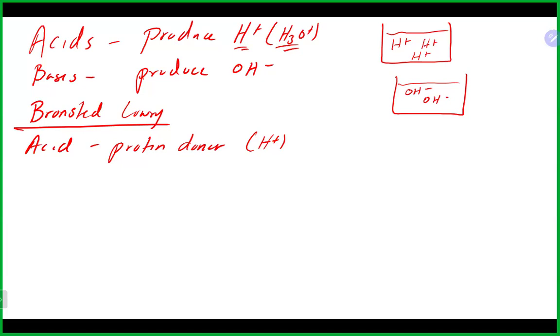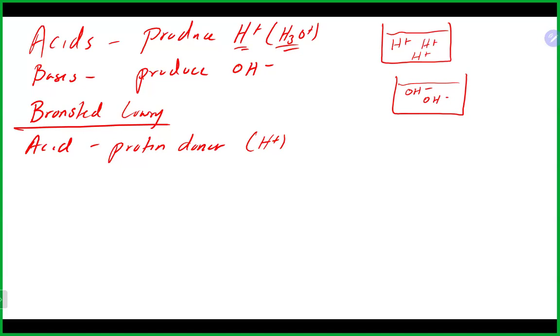So again, it's not just the hydrogen, but also that plus, which affects the actual charge on what is losing the H plus and what is gaining the H plus. Remember that if you lose an H plus, which is really a proton, you have more electrons than protons, so you become more negative. So if you're the acid in the Bronsted-Lowry definition, you're going to lose that hydrogen and the plus charge, which means you become one more negative than you started with.